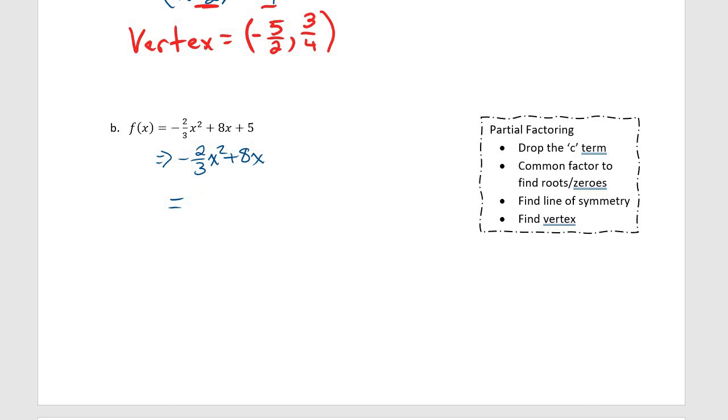So I'll take out a negative 2 over 3x. And that leaves me with an x. 8 divided by 2 is 4 times 3, because I would have to basically multiply by the inverse to see what dividing was like. That will give me a negative 12 in my bracket.